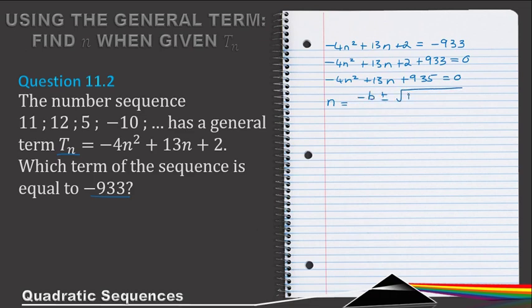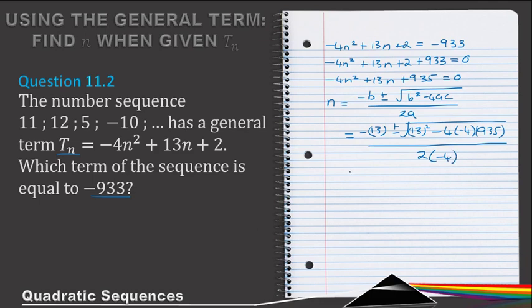Okay, and then just substituting it into the quadratic formula, we have minus b plus or minus the square root of b squared minus 4ac, over 2a. And then b is 13, so negative 13 plus or minus the square root of 13 squared, minus 4, a is negative 4, and c is 935, over 2a.